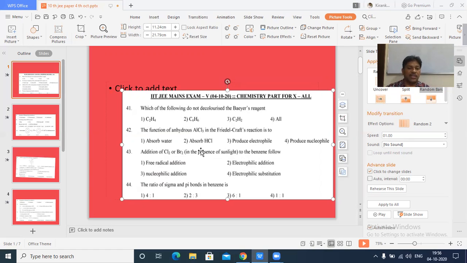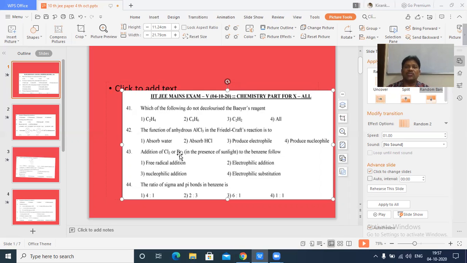And the next thing is the addition of Cl2 or Br2, meaning halogen. Addition of halogen in the presence of sunlight to benzene follows what? Whenever we add chlorine or bromine or any halogen to the benzene molecule in the presence of sunlight, the chlorine molecule absorbs the energy of sunlight and forms Cl dot and Cl dot, similarly Br dot.